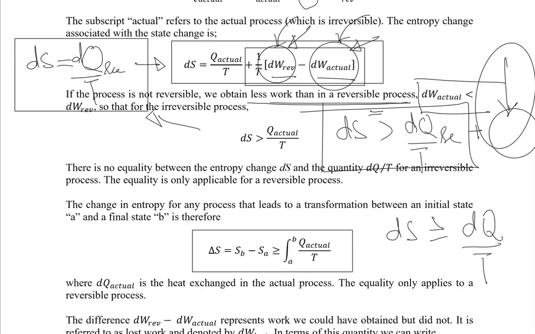Equality holds when the process is reversible, and greater when the process is irreversible. This is what we have already established here. So equality is for the reversible process, and the greater one is for the irreversible process.